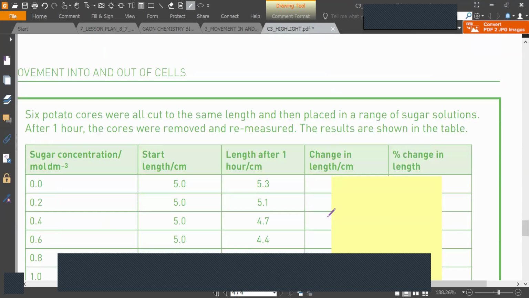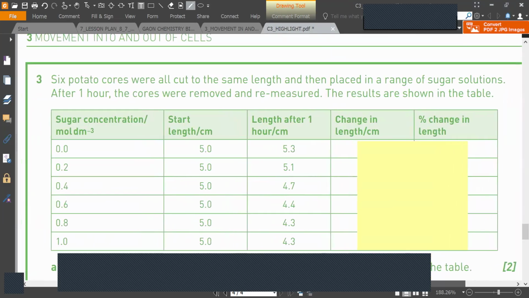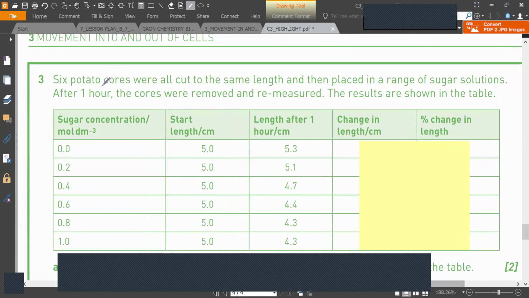This one is another experiment with potato cores. Six potato cores were all cut to the same length and then placed in a range of sugar solutions. After 1 hour, the cores were removed and remeasured. The results are shown in the table. Sometimes we check whether the mass decreased, for example 20 grams to 18 grams.